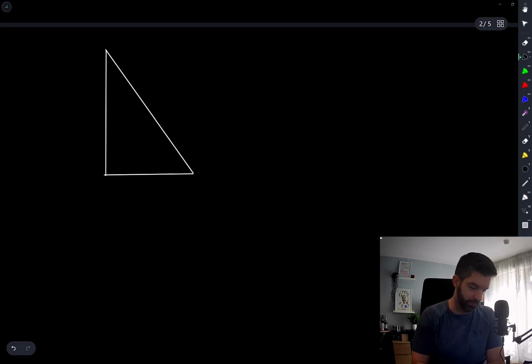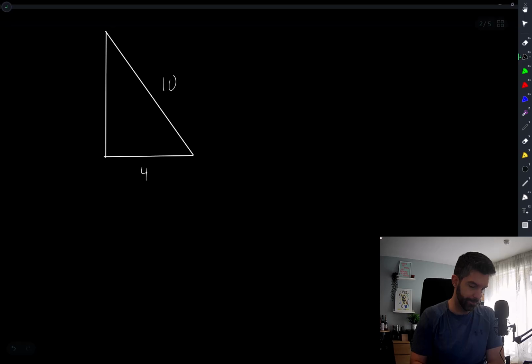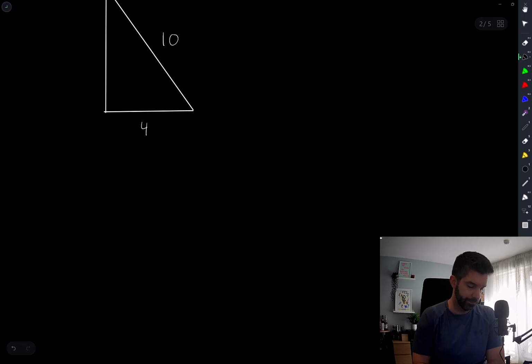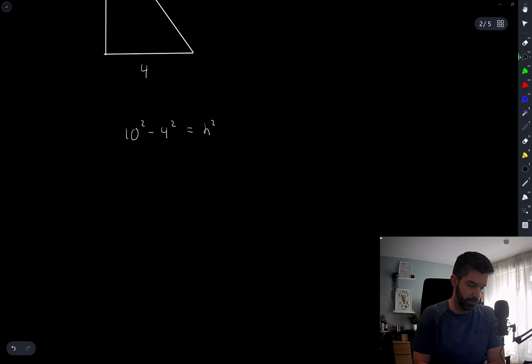The alternative way of parameterizing a triangle like this is, let's draw another right triangle just to figure out some stuff here. Let's say it's like this, 4 and 10. Now, what is the other side? 10 squared minus 4 squared is equal to h squared. 100 minus 16 is 84.